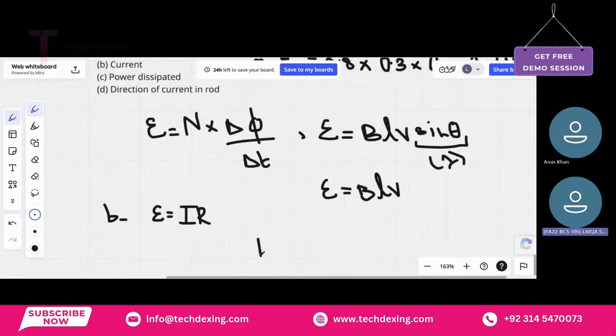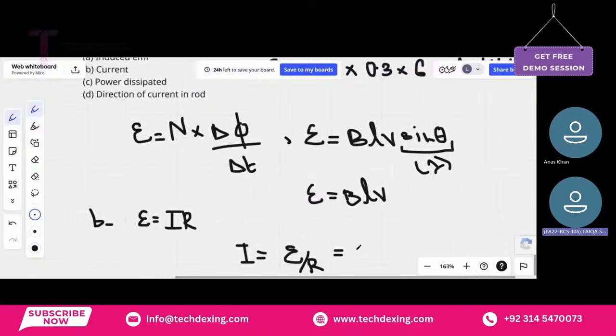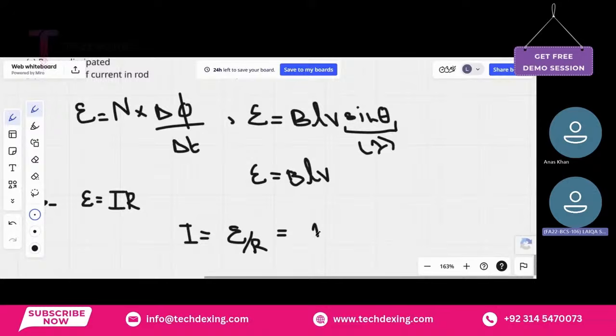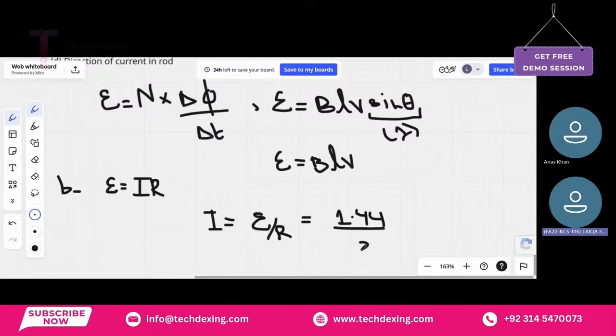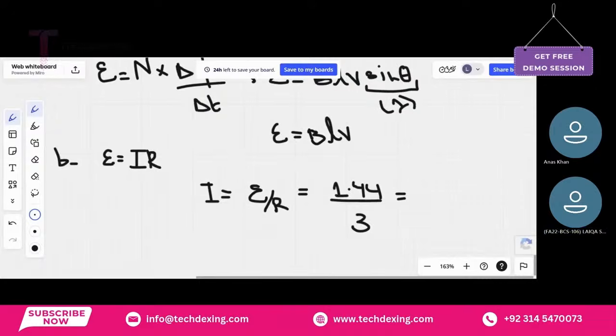It becomes I is equal to epsilon by R. Epsilon has the value 1.44, and we divide it by the value of the resistance, which is 3. So the value for the current would be 0.48. But what's the unit? It's amperes.